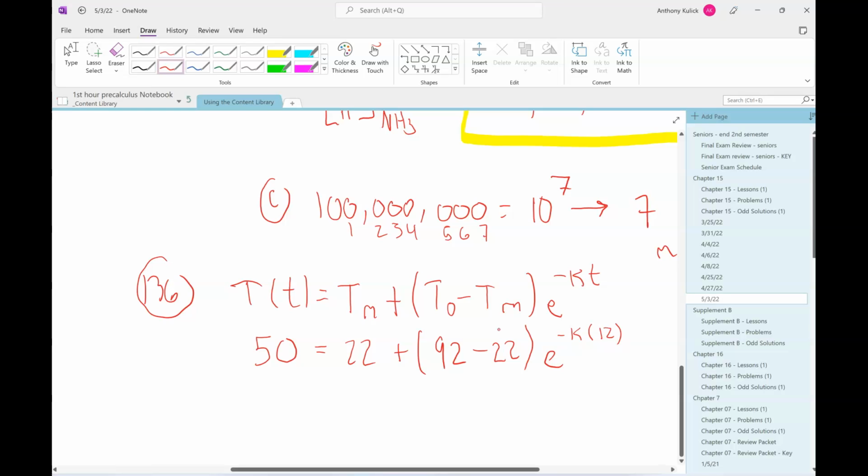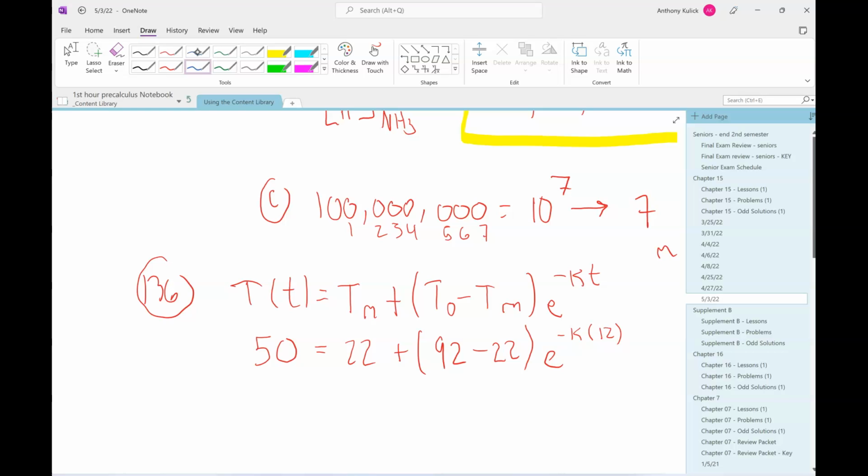To solve this equation for k, that's going to be our first step. What should I do to solve for k? Our goal is to eventually get that k by itself, right? The k is located in the exponent. So eventually I'm going to have to use a log, but I'm not ready to do that yet because the exponent part isn't all by itself.